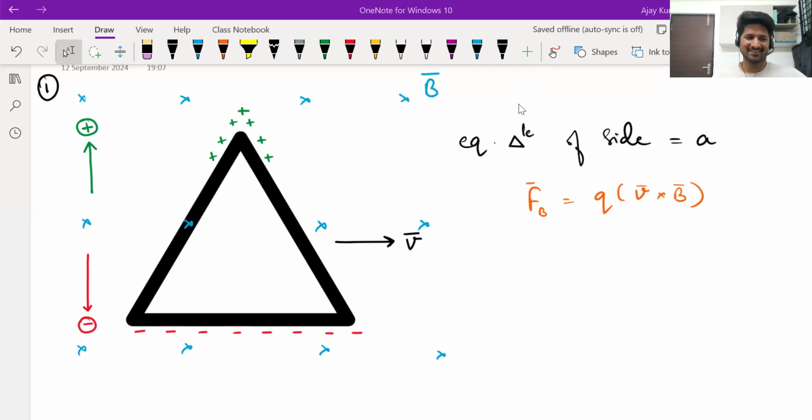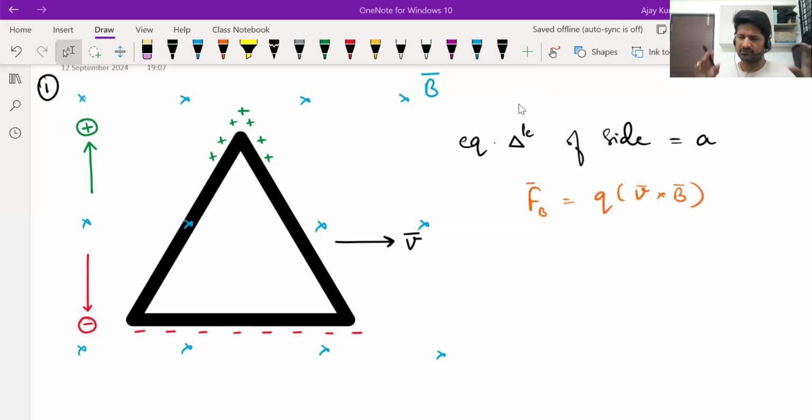Anyone? Okay. When magnetic flux through a loop changes, there will be EMF induced in it.